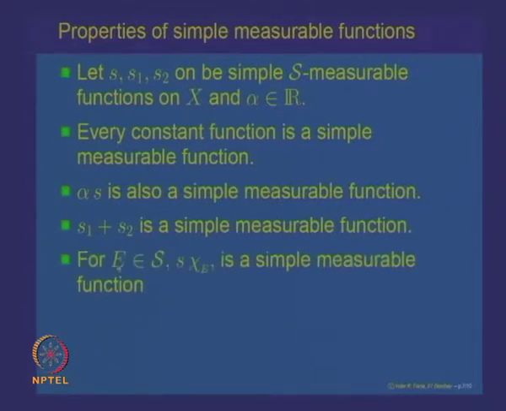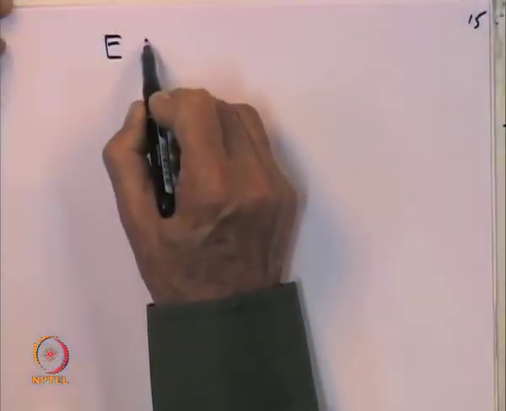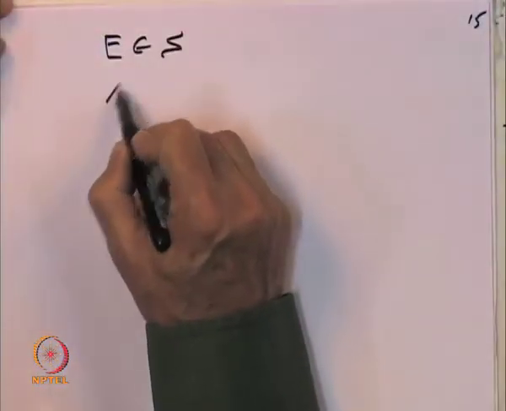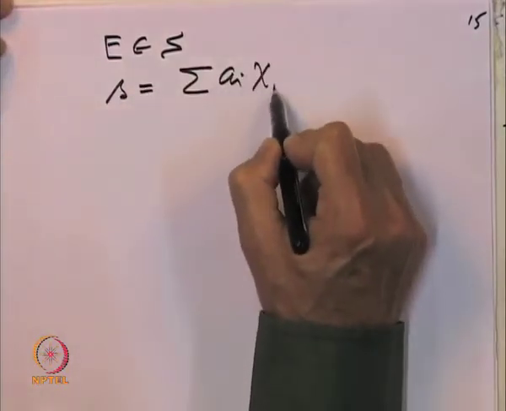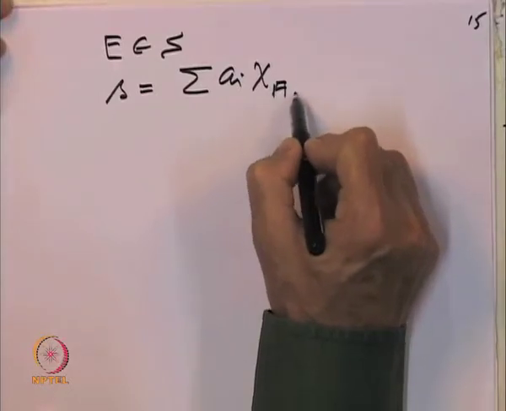Next, let us take a fixed set, any set E in the sigma algebra, and multiply S with the indicator function of E. Then the claim is this is also a simple measurable function, and that comes from a very simple observation. So, let us take a set E belonging to the sigma algebra, and S is a simple function which is the sum of a_i indicator function of A_i.